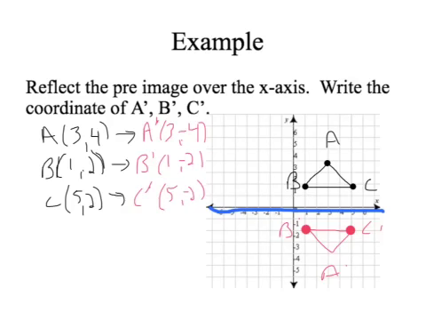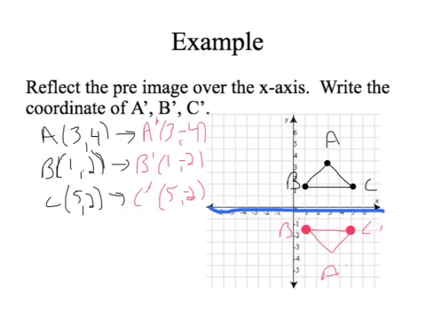Now like we did for translations, we want to write a general formula, or general notation, for a reflection. So if you reflect over the x-axis, let's look at what changed. In my pre-image, A is 3, and A prime is still 3.